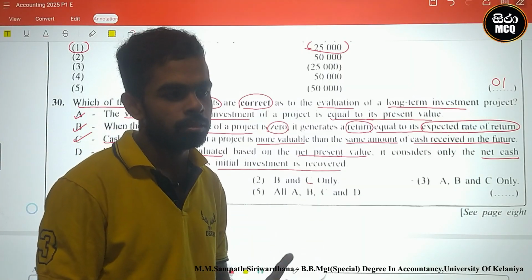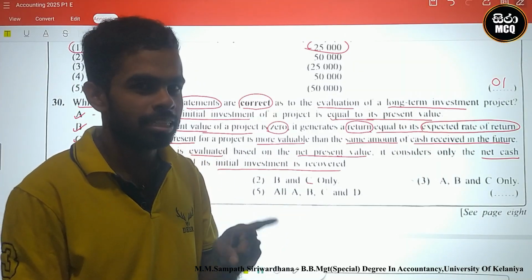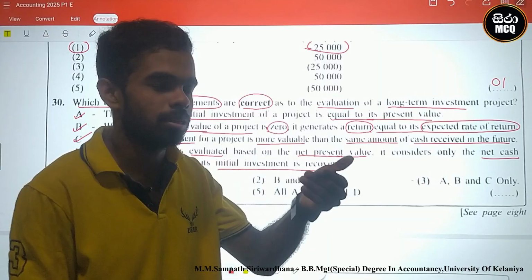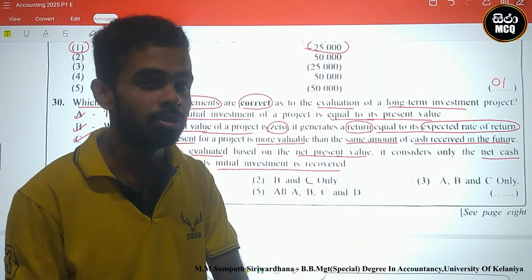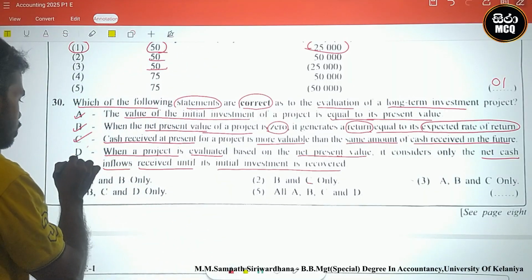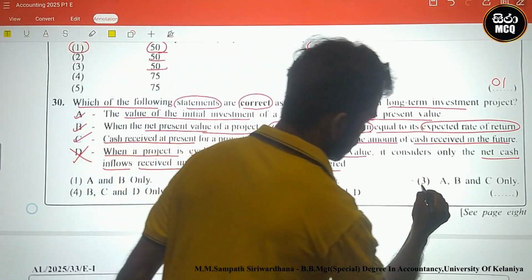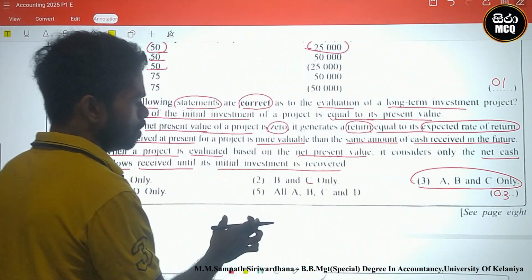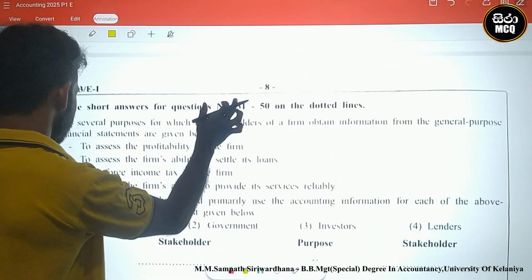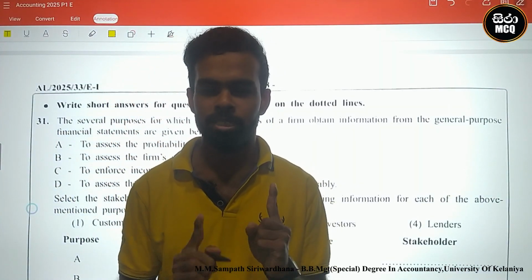The initial investment is covered in 3 years and 6 months, but all 5 years are considered in the net present value calculation. Therefore, we cannot agree with this statement. Therefore, the answer is ABC only. Answer is 3. That was question 430. After that, there are easy questions. In the next video, we meet question number 31.